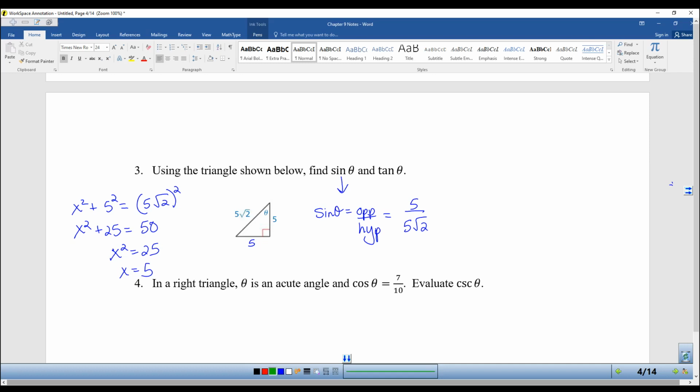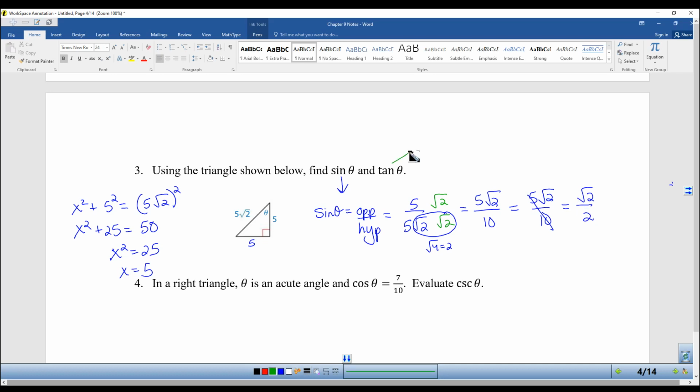You can't leave it that way, so we're going to multiply the top and the bottom by the square root of 2. And I get 5 square roots of 2 over, now these two make the square root of 4, which is 2. So 5 times 2 is 10. And I can reduce that. The 5 and the 10 are going to cancel. You can't cancel the 2 and the 10 because the 2 is stuck underneath the radical. And that gives me the square root of 2 over 2.